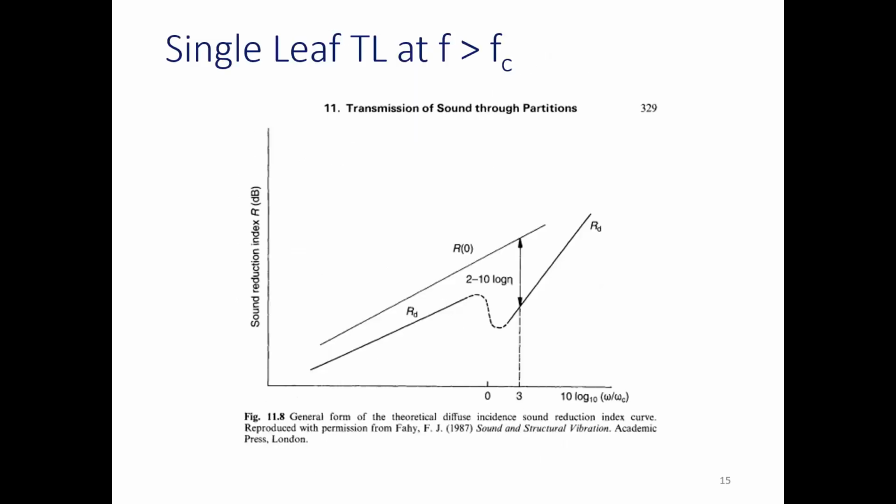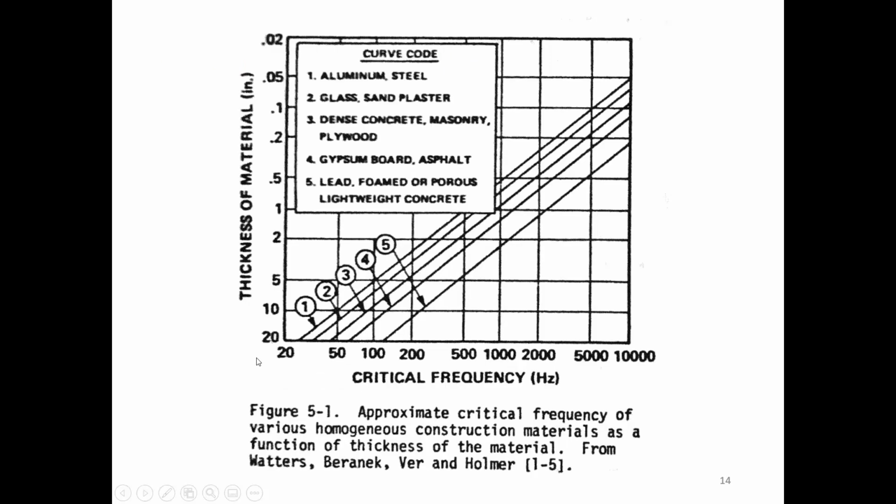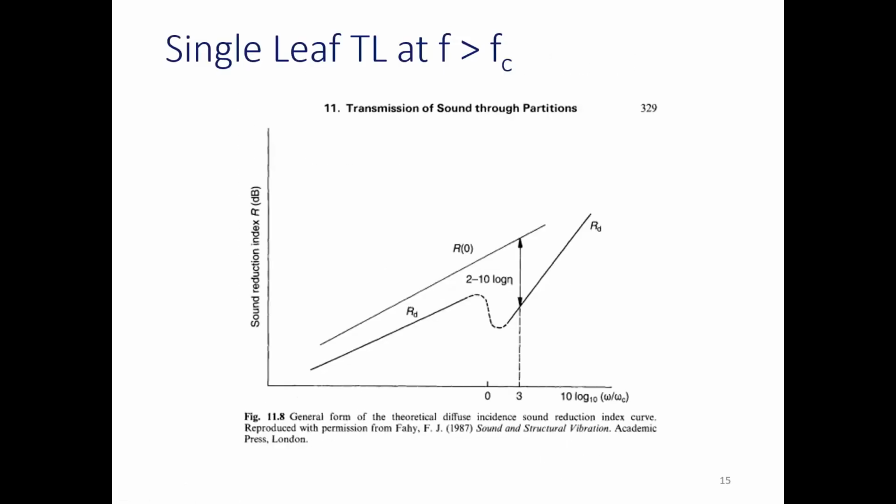So this is what the critical frequency does to the transmission loss. Here there's R with 0 in parentheses after it. That is the normal transmission loss. That first equation we had would give you this line. So we see this drop.